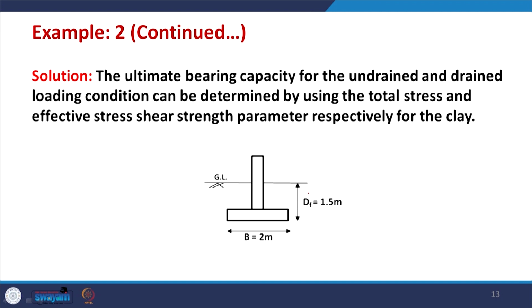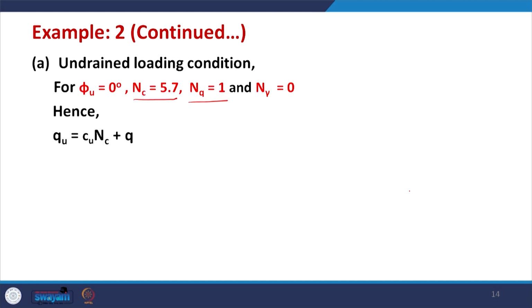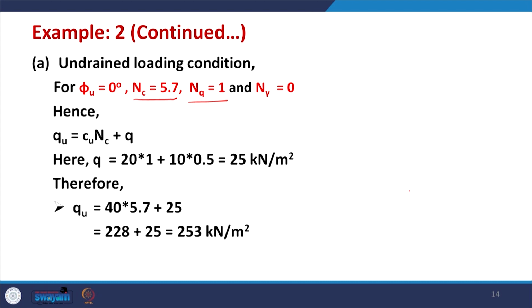So, the location comes somewhere here; this is 1 meter below the ground level, and until then you have the water table. So, Q will be: up to 1 meter you use the total weight, that is 20, but below the water table it will be submerged.